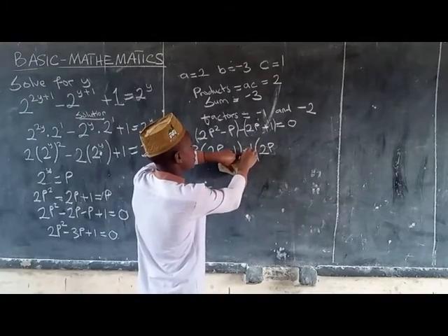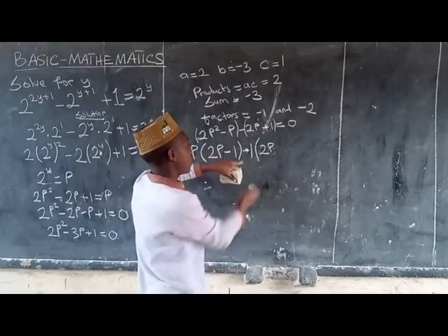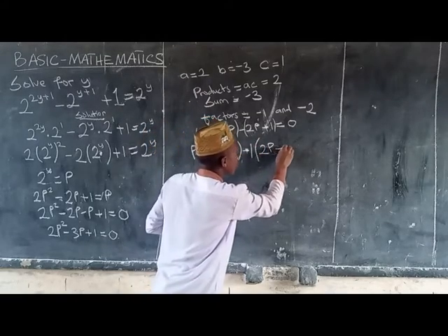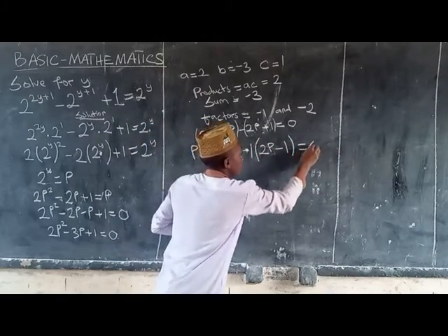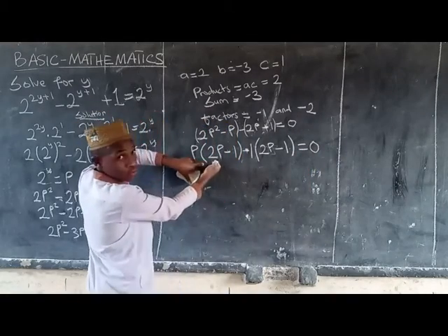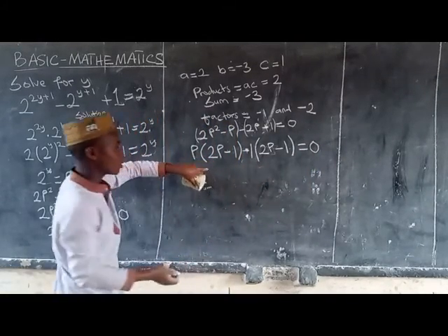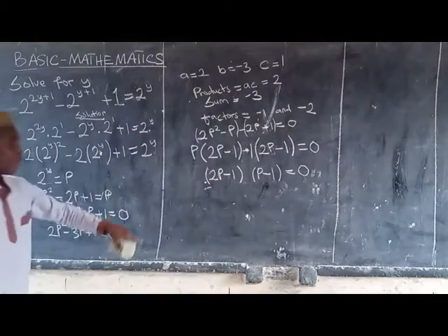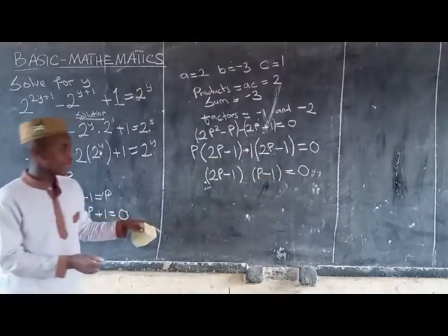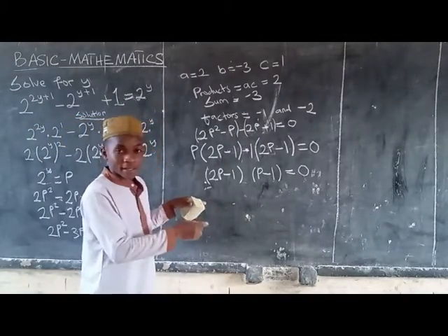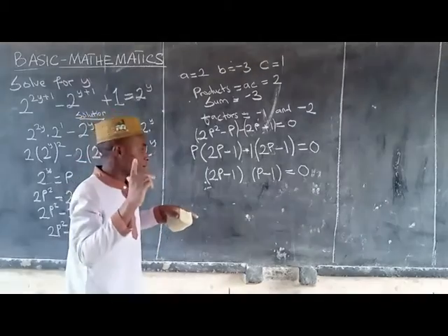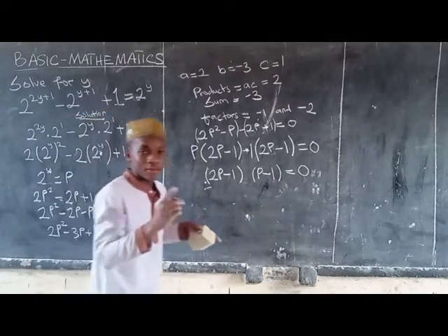Negative times positive is negative, so it will be negative 1, giving negative 1 is equal to 0. Since these two brackets are the same, we factor them out. Before getting our p, we know that when two numbers are multiplied and get 0, one of them should be 0, or both.